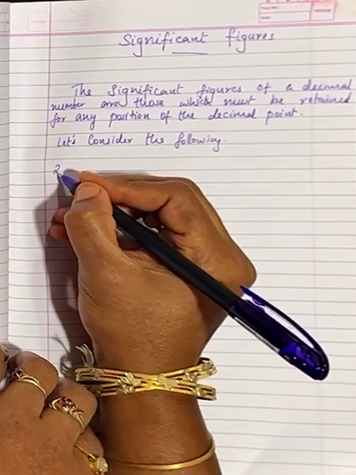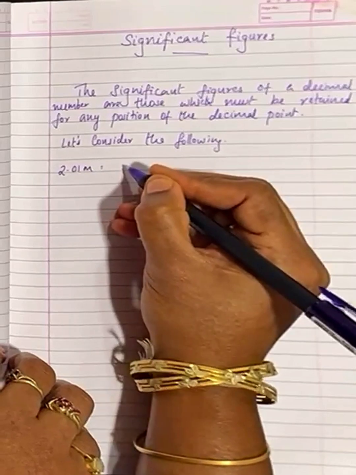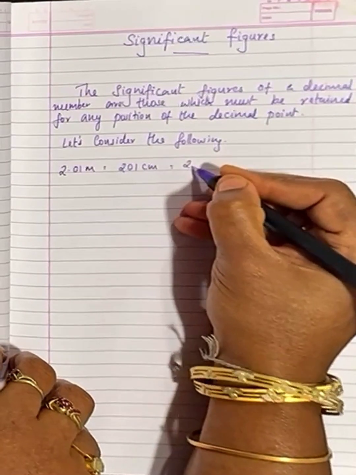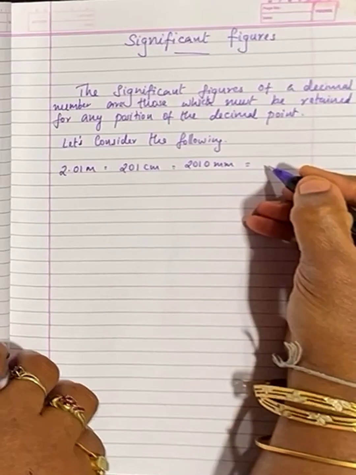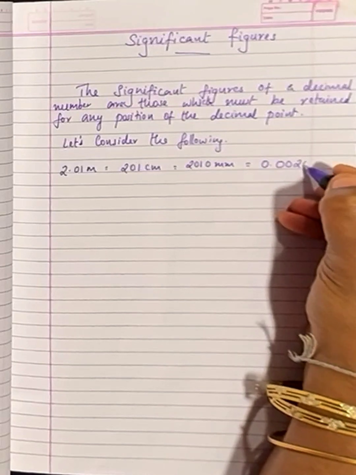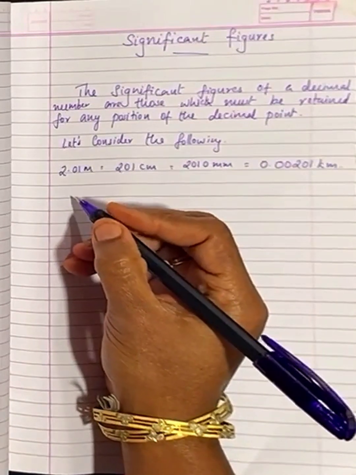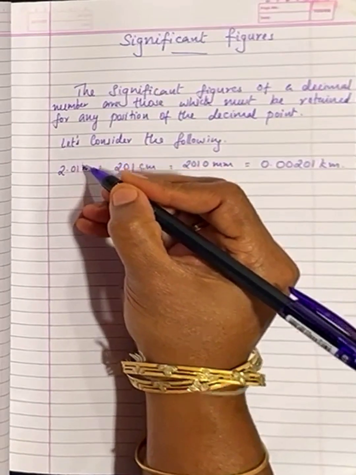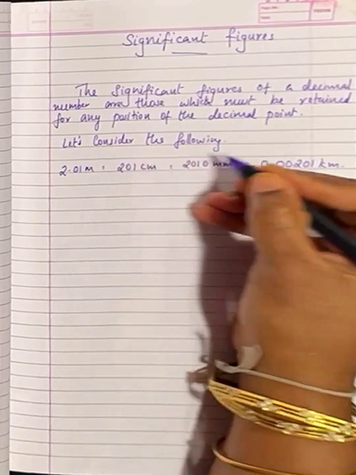Suppose I take 2.01 meter, which is 201 centimeter. Also, it is 2010 millimeter, and it is the same as 0.00201 kilometer. When we consider the significant figures, first you have 201, and that is 3 significant figures required for the number.